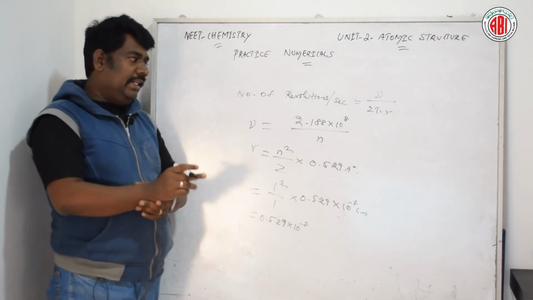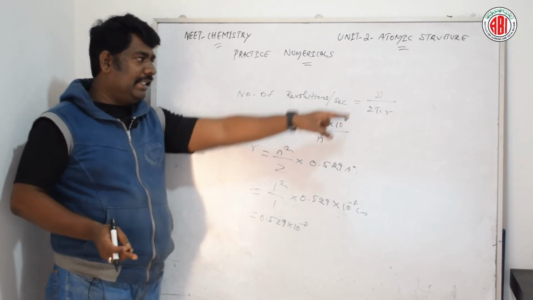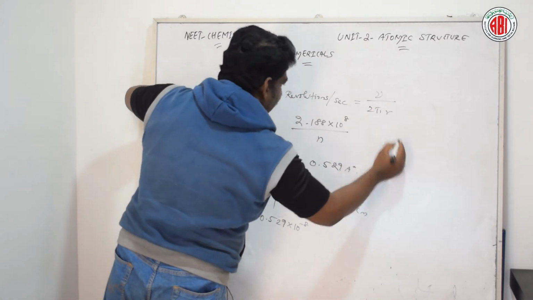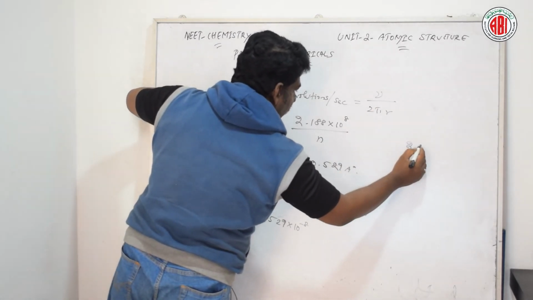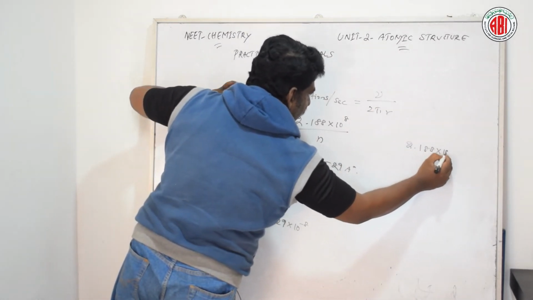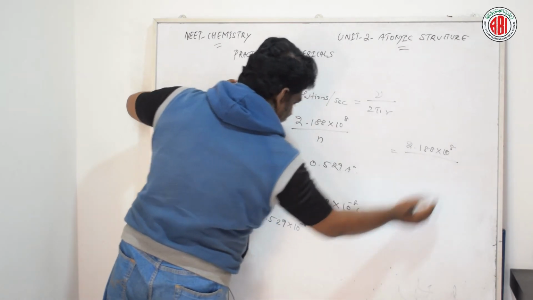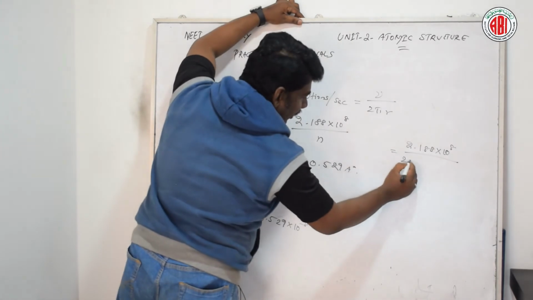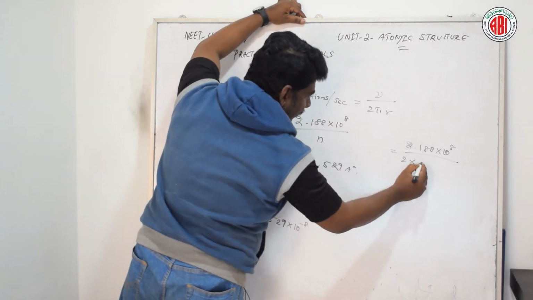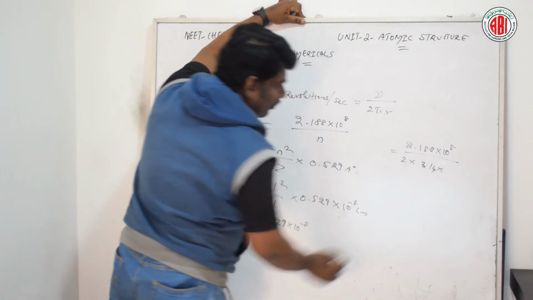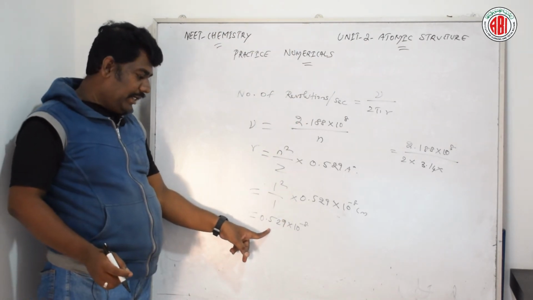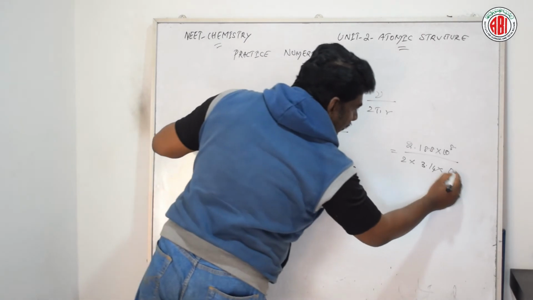Now let us find the number of revolutions per second using this formula. That is the frequency value, 2.188 into 10 to the power of 8 divided by 2 into pi r. So 2 into pi value, that is 3.14, into r value, that is radius, 0.529 into 10 to the power of minus 8.